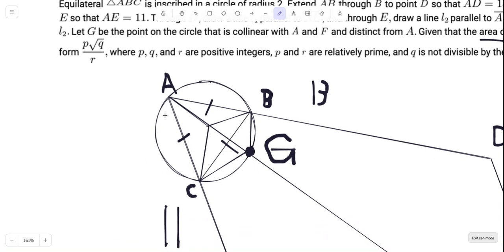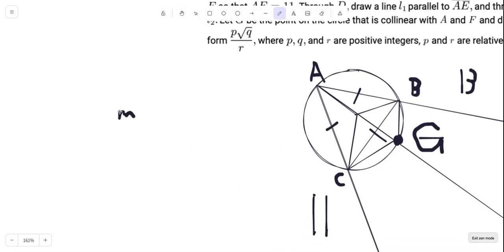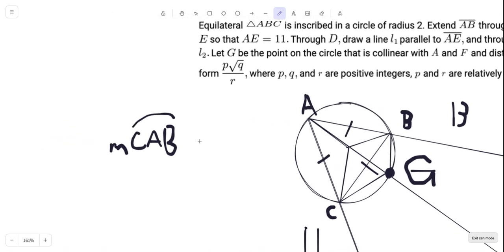And notice arc CAB. The measure of it is AC plus AB, the measure of those arcs, which is 120 plus 120, 240 degrees.